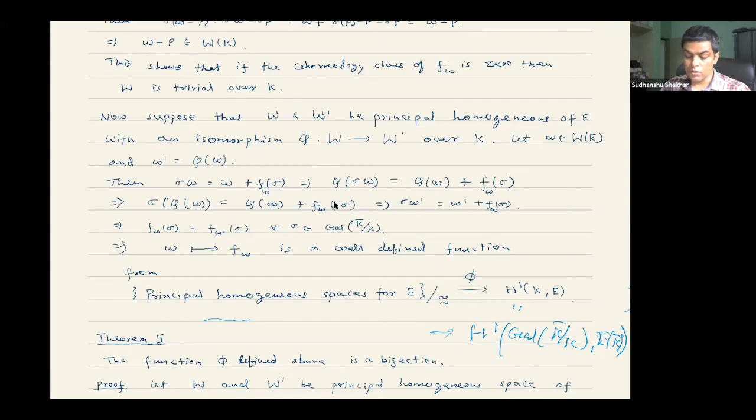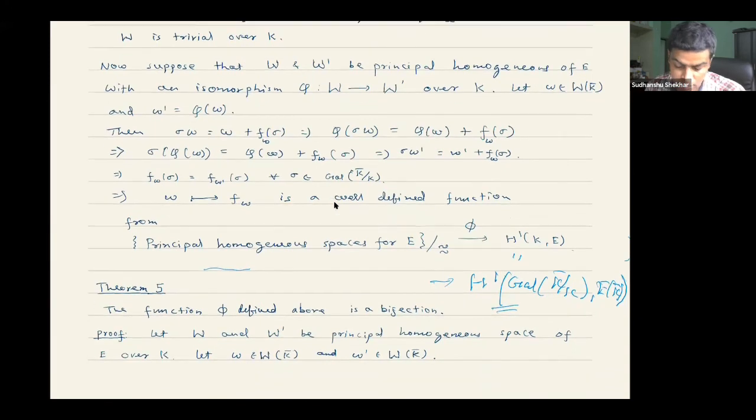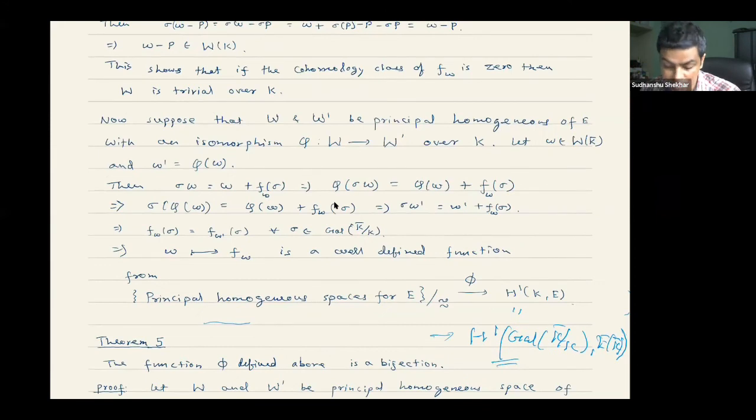Next, in Theorem 5, we will show that this map is injective. But before showing injectivity, let us show which elements go to 0, the trivial classes.